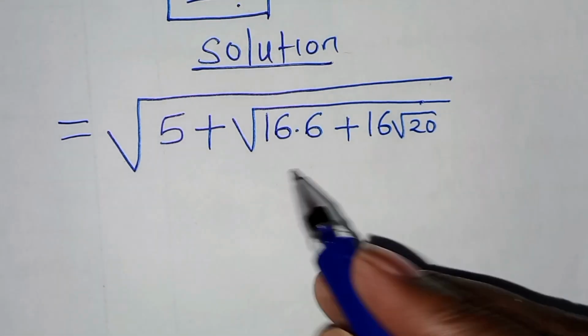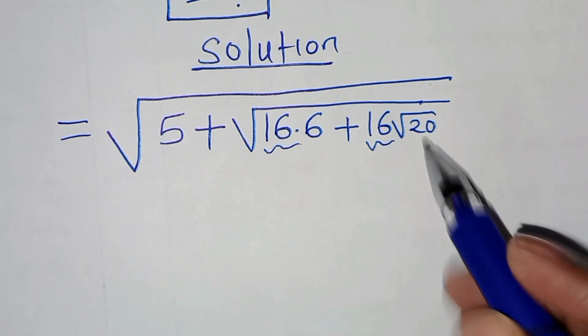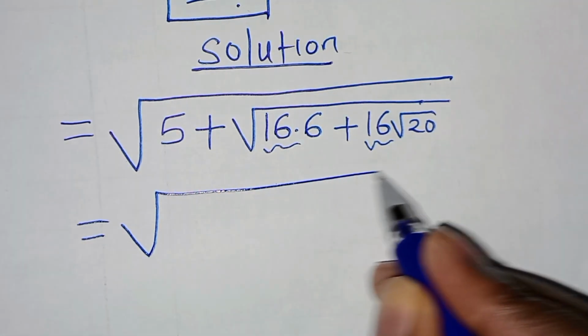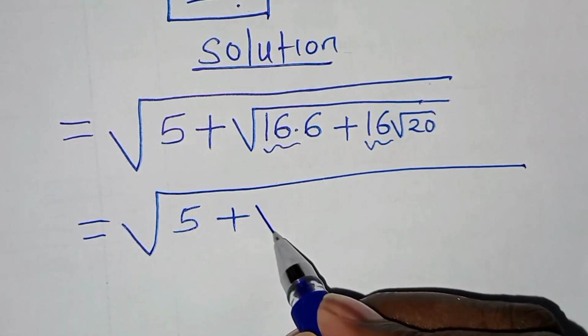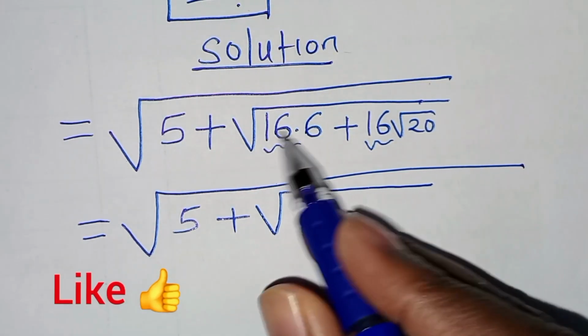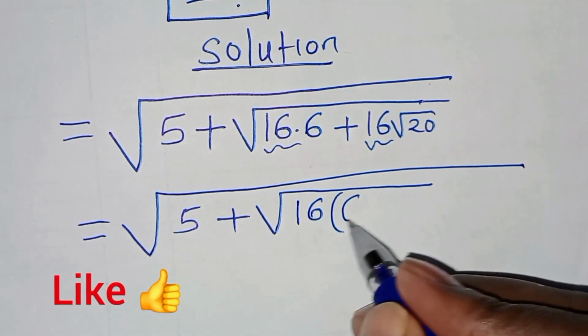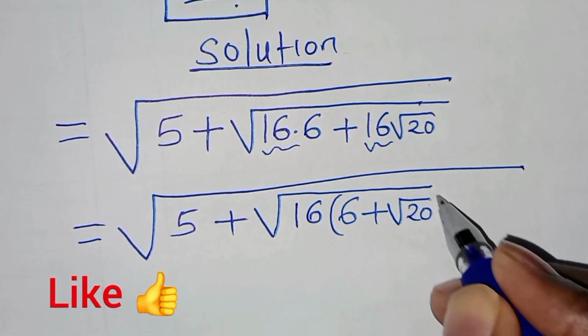Now, from what we can see here, 16 is common, so we can factor out 16. So we have square root of 5 plus, now square root of, here we'll have 16, we factor out 16, into the parentheses, 6 plus square root of 20, close the bracket.